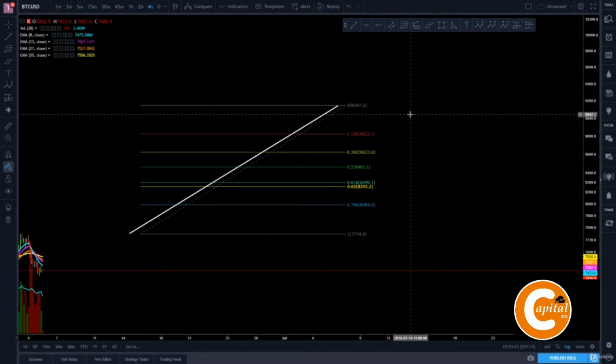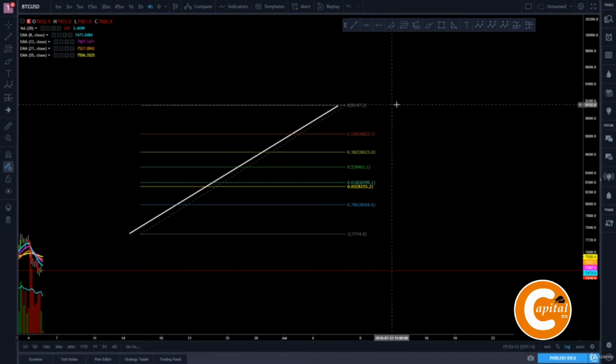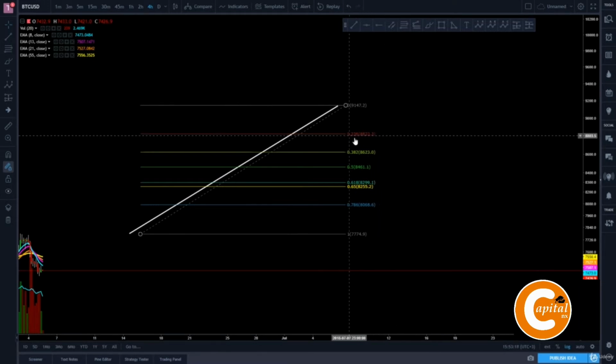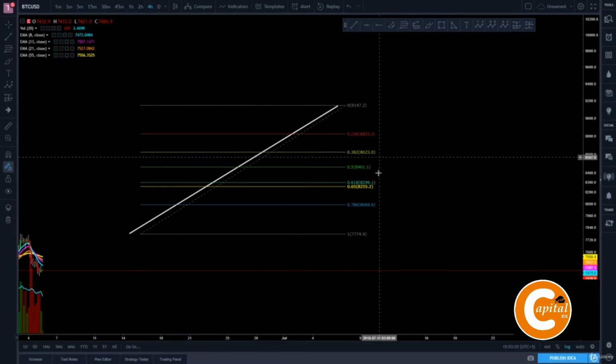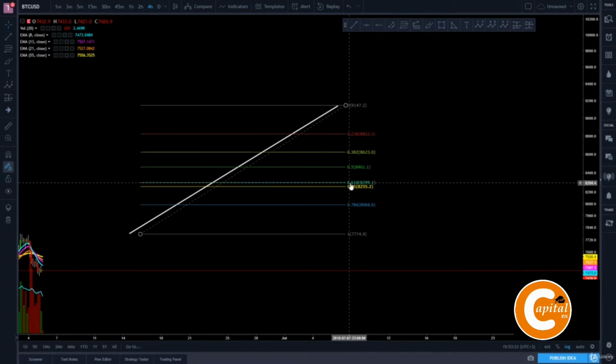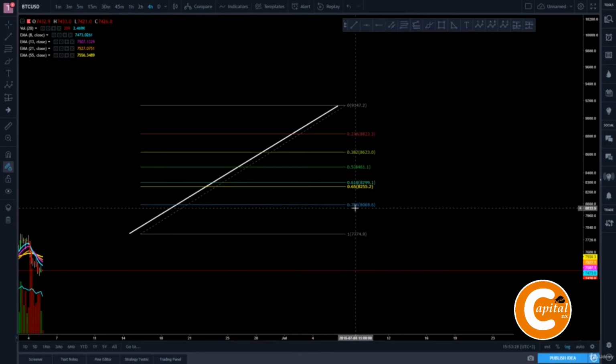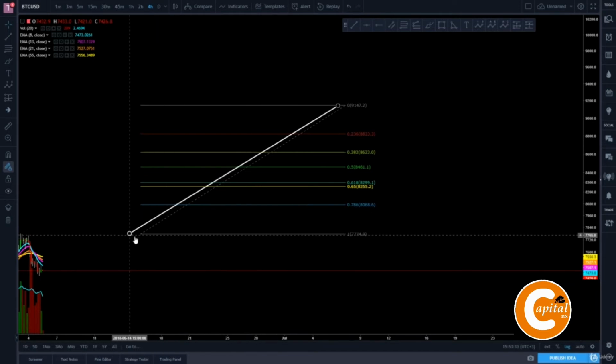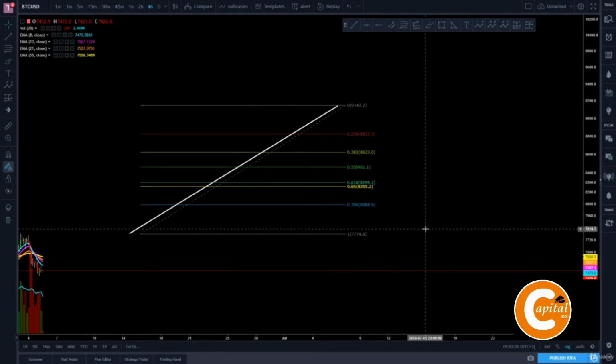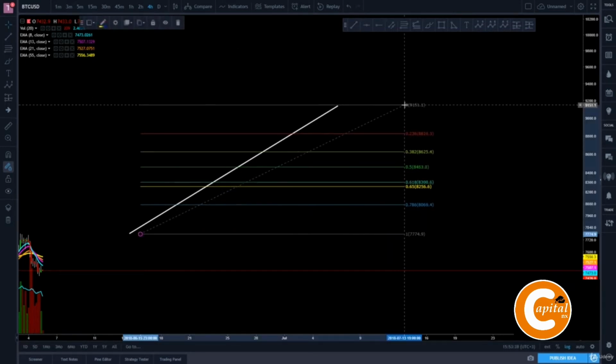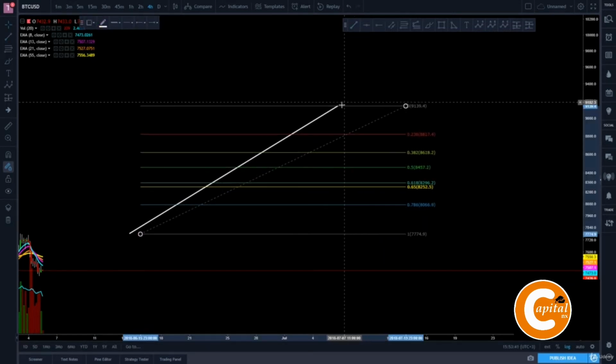If we read it from top to bottom, we see these fib regions of 0, 0.236, 0.382, 0.5, 0.618, the newer one that we added 0.65, 0.786 and 1, which is the beginning of this first wave. So I will draw another line here from this top of wave 1, which will be considered the beginning of wave 2. Okay?